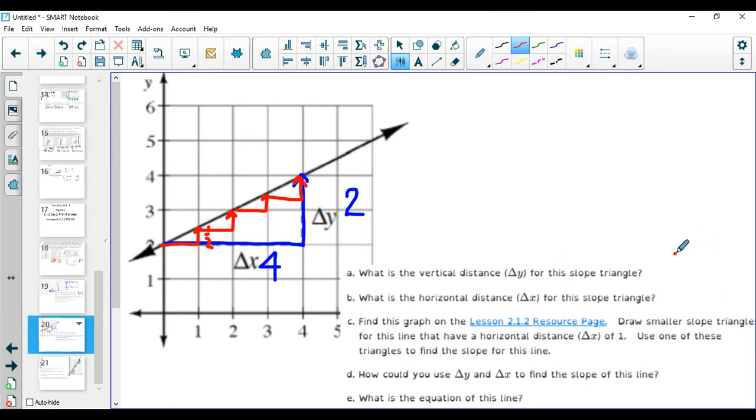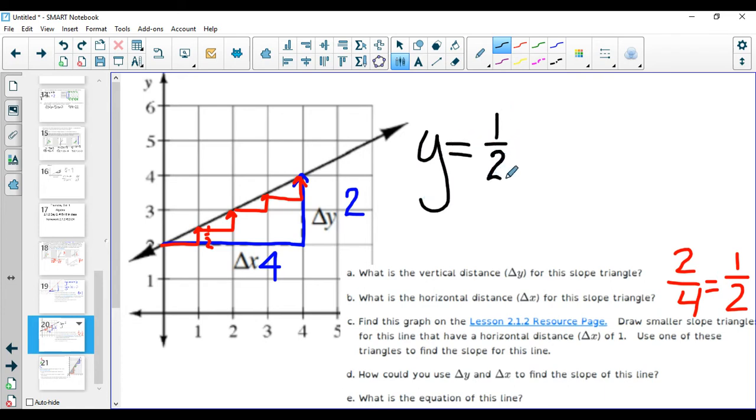Coincidentally, the change in our y value divided by the change in our x value happens to be equal to 1/2. Once again, we can write the equation of our line. Y is equal to the growth, or our slope, which is 1/2, times the x value, plus, in this case, we have a y-intercept of 2. Now let's double check that.